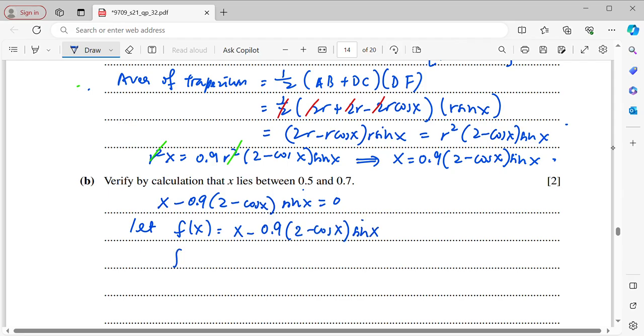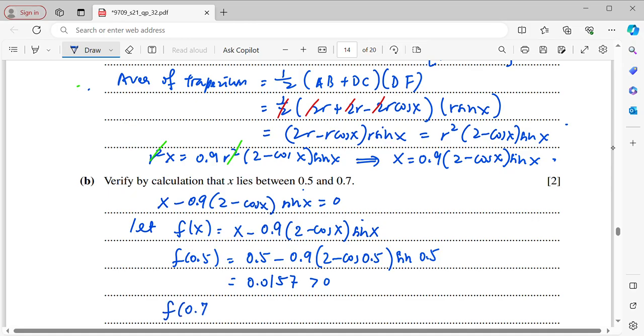Now replace the X by 0.5, and calculate this using radians mode. Then you'll be getting 0.0157, which is greater than 0.